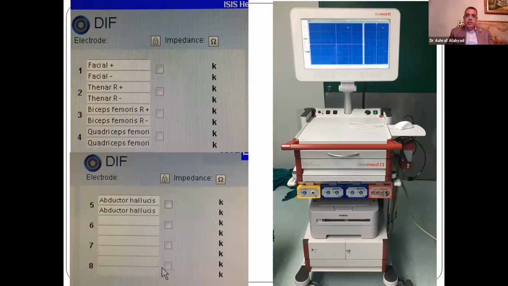This is the intraoperative monitoring system we use, where subdermal needle electrodes are inserted in the corresponding muscles on the contralateral side. As you can see here, the facial muscles, biceps, quadriceps femoris, and so on.